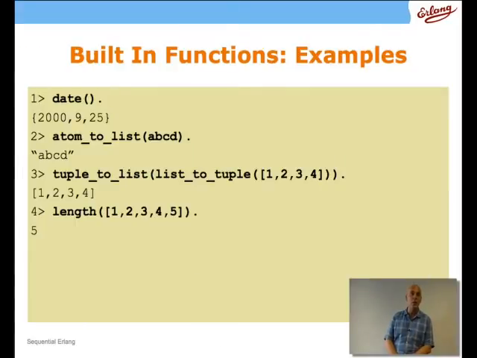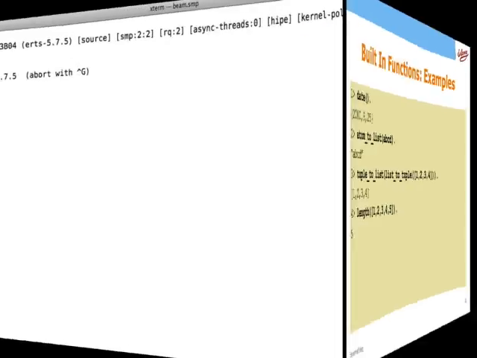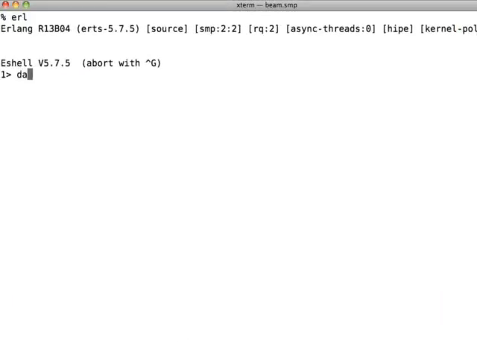So that's something one needs to be aware of. Okay, what I'd like to do is just run through some examples. There are some examples on the slide, and I'll give you some more examples in the Erlang shell. So what we're looking at here is some examples of Erlang BIFs, the date, the time. So we get facilities like that. We get facilities to access lists.